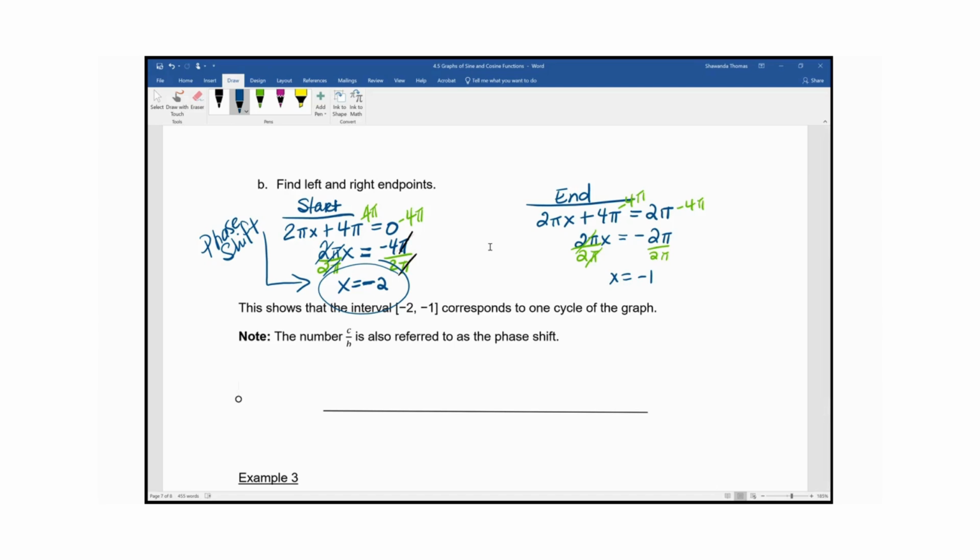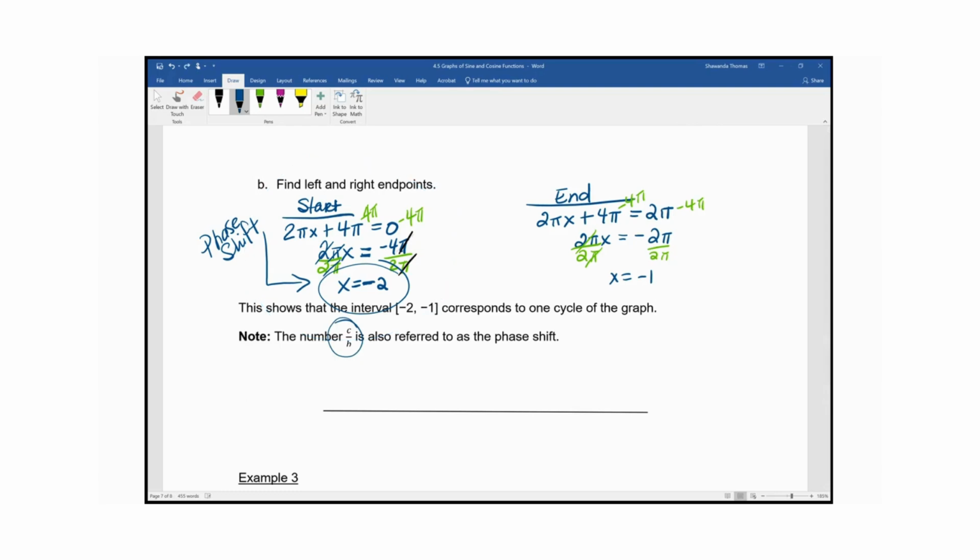I thought this one was really interesting because it's all the way on the left side of the y-axis, -2 and -1. We're not even on the right side of the y-axis. And another formula for finding the phase shift is C over B, which is pretty much what this is right here.